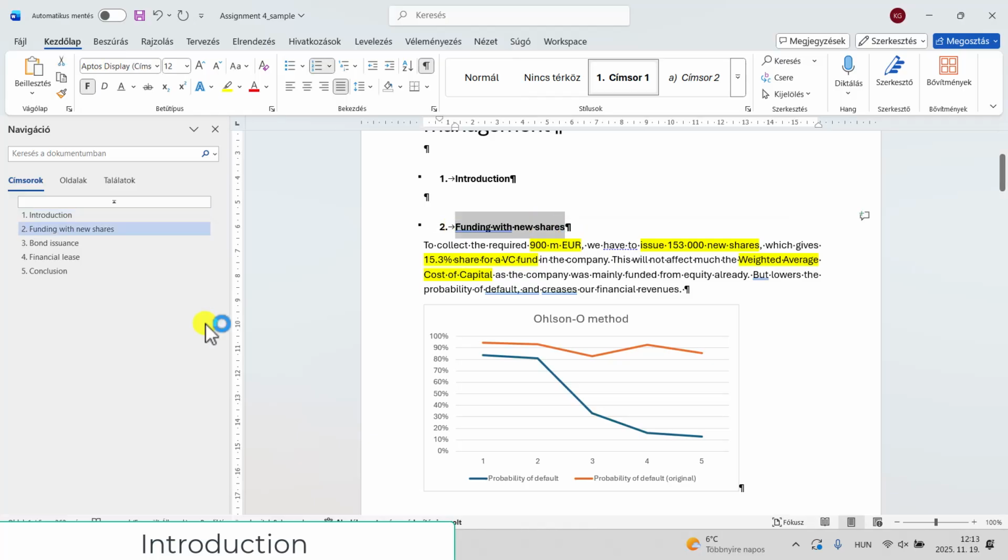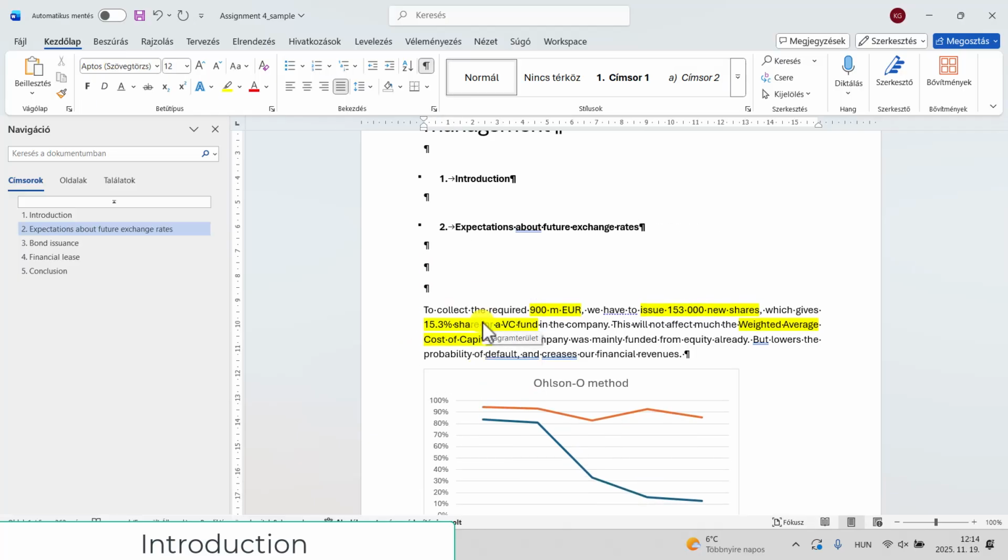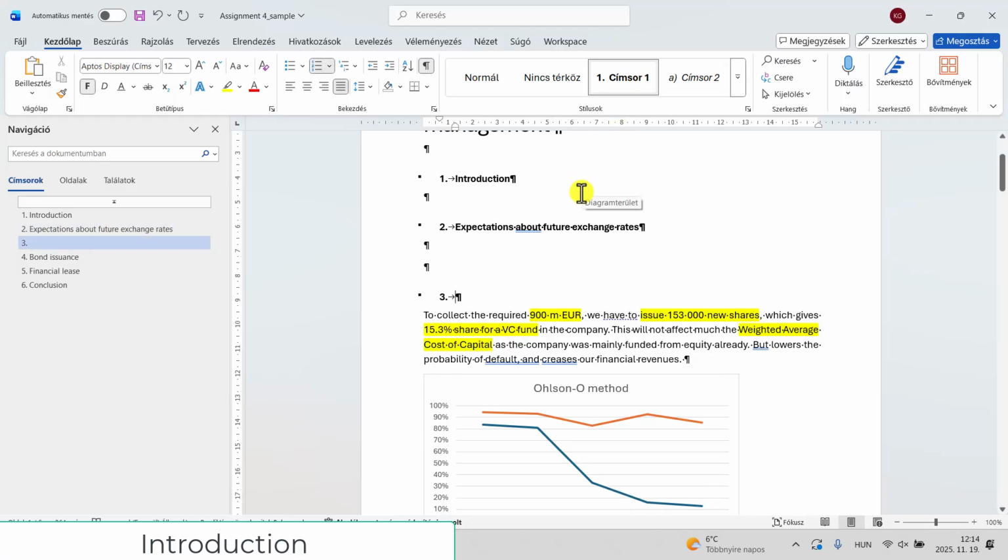Then after that we have to say what the impacts are, the expectations about future exchange rates, and then we can say the possible strategies.